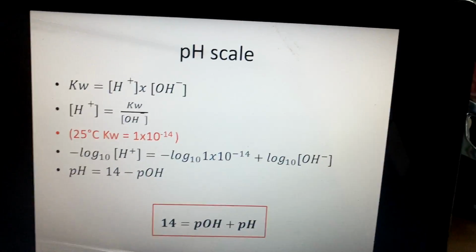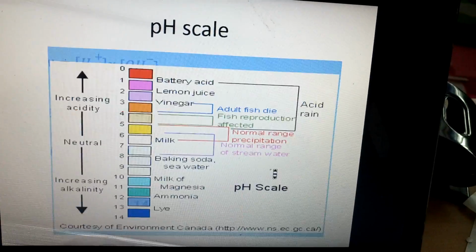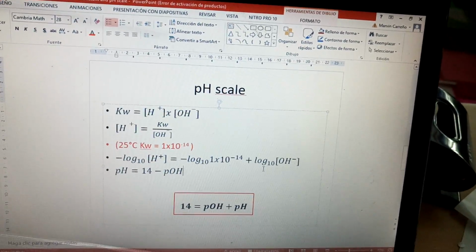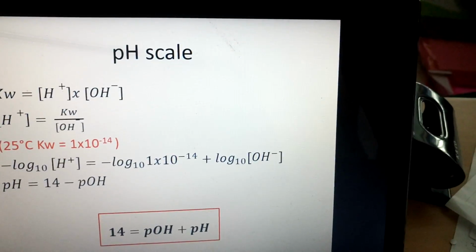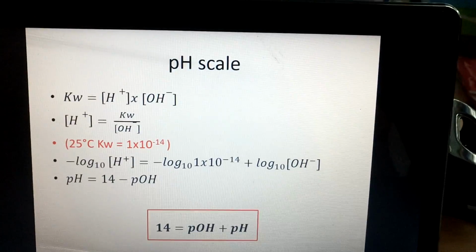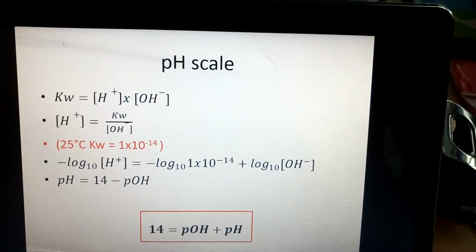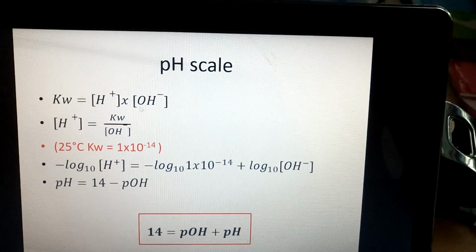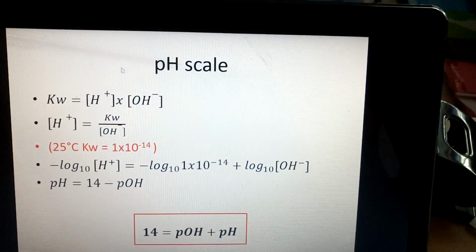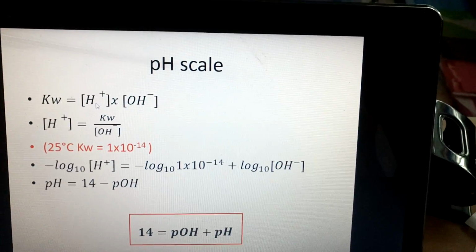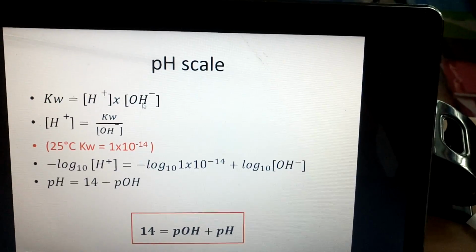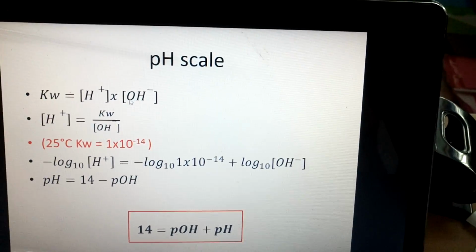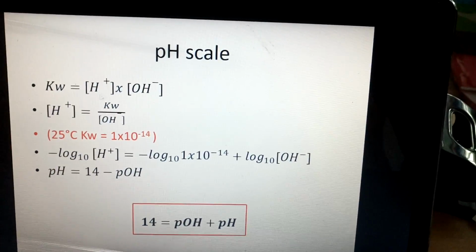From the first chemical equation that we saw, we can deduce the pH scale. The pH scale will be deduced in this way. So we have the Kw, the multiplication of the concentration of protons by the concentration of hydroxides.